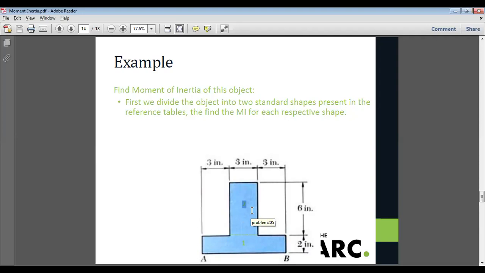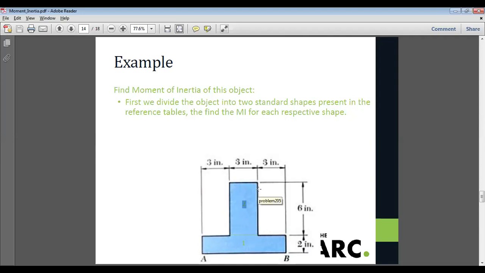So we can solve this problem by disintegrating the whole inverted T section into two parts, or into three parts. We can also find the moment of inertia by dividing the whole inverted T section into four parts, but that is not going to fulfill any objective.